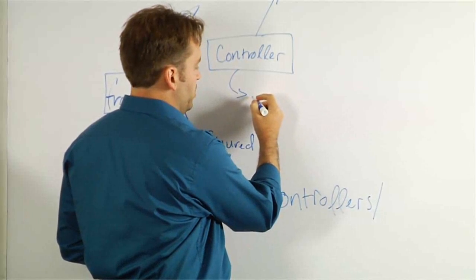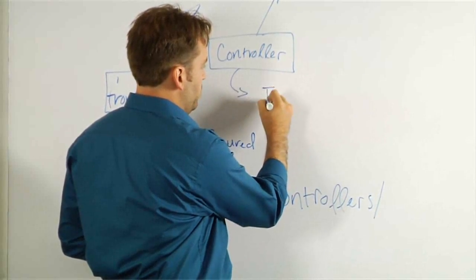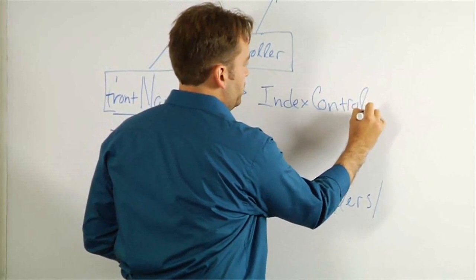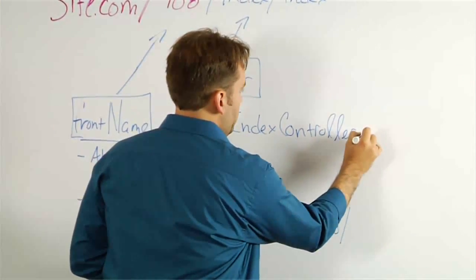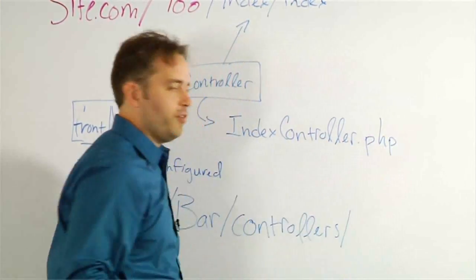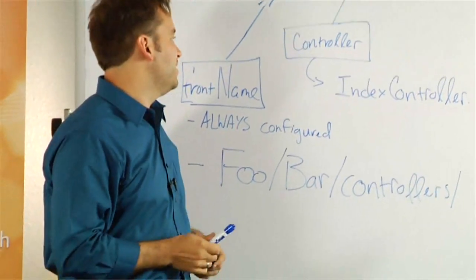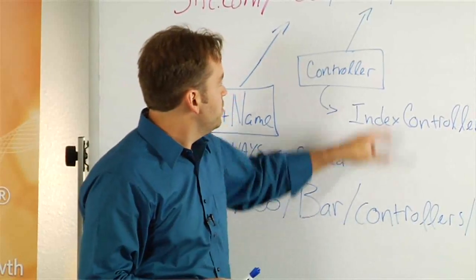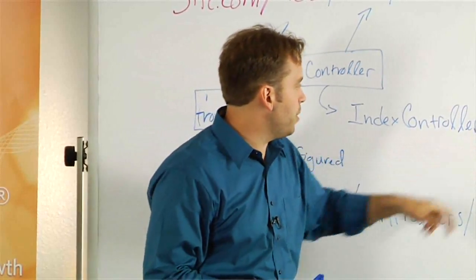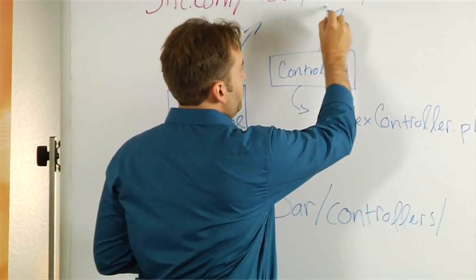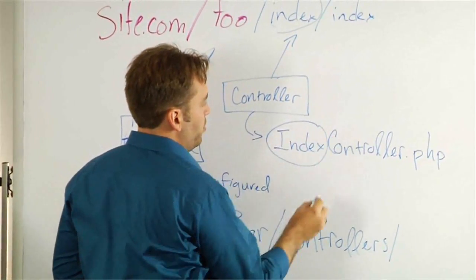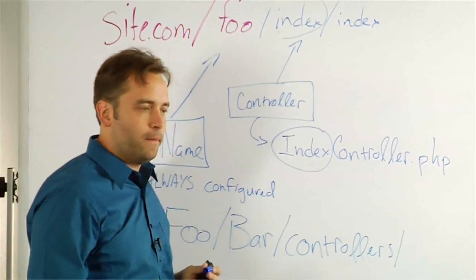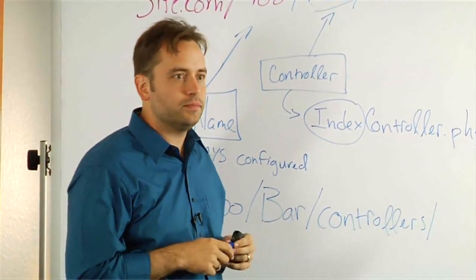Okay? So, for example, in this case, we have index controller. And this is just simply how your files are named for controller files. So foobar controllers index would mean indexcontroller.php. So this here matches up with that. And when you're making the file, you just append controller.php onto it. Okay? Again, specified in the code.